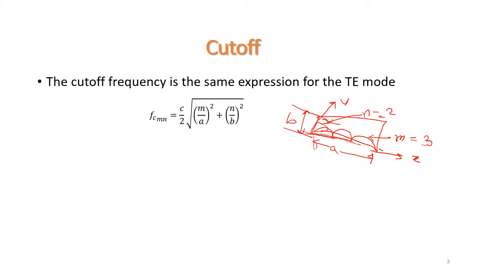This is only an example. M and n can have any whole number value from 0 to infinity. So m and n are the number of half cycles along the x-axis and y-axis.